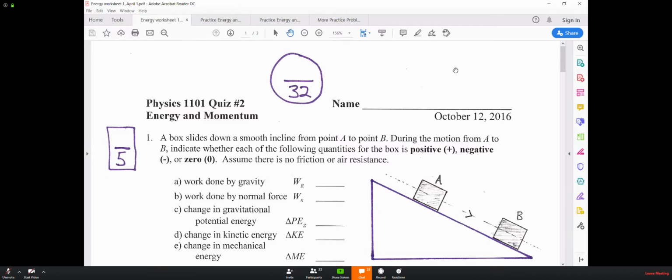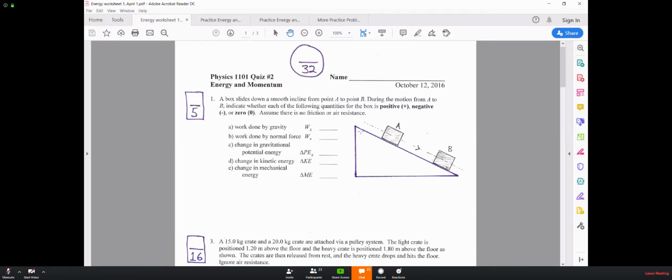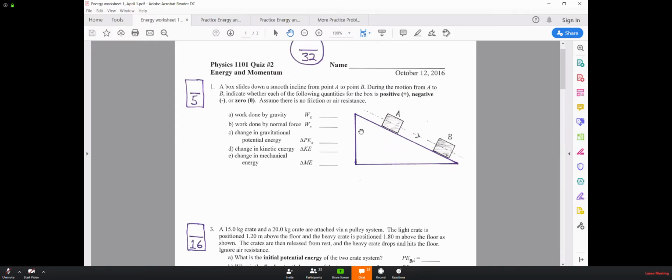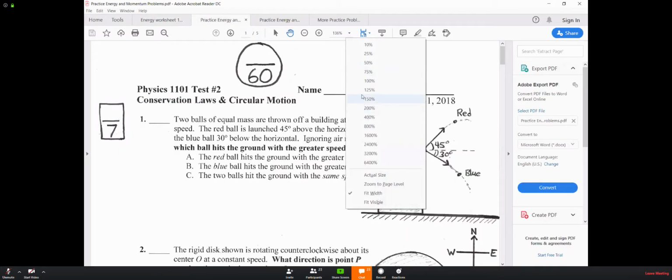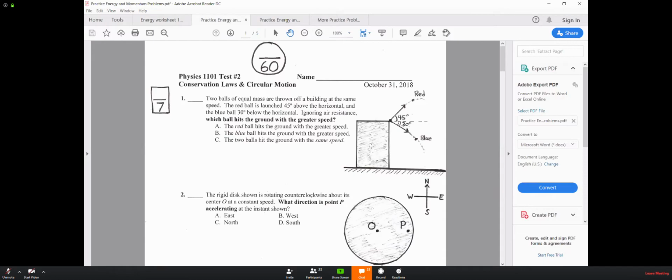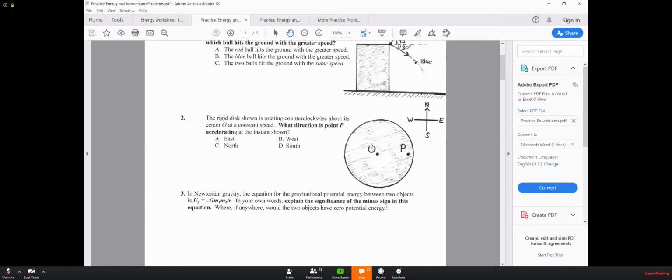Okay, so this was the practice questions. Oh, sorry. No, this is not the practice questions. We did these together the other day. This is the first one in the folder, I should say. I'm just going to mention briefly on this one, any questions about circular motion are not relevant to the test. So number 2 and number 3 are not relevant to the test.